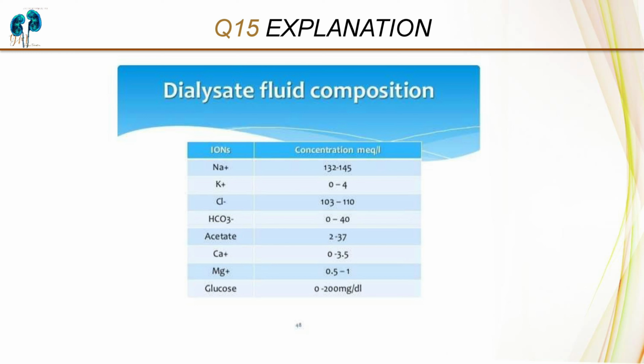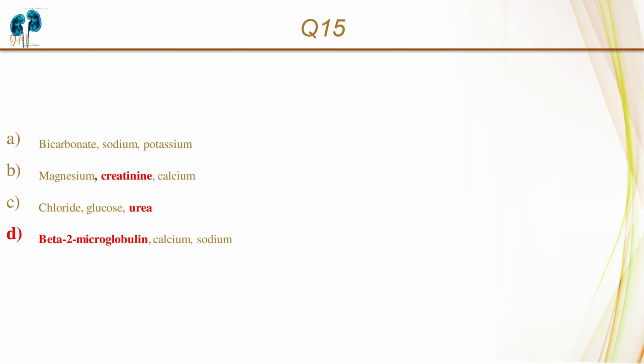Here is the composition of dialysate fluid. In dialysate we have sodium, potassium, chloride, bicarbonate, acetate, citrate, calcium, magnesium, glucose. In option B, they gave creatinine, which you will not see in dialysate.